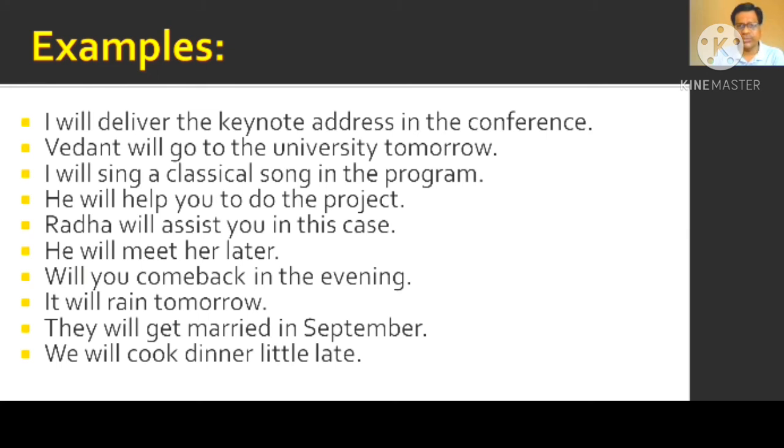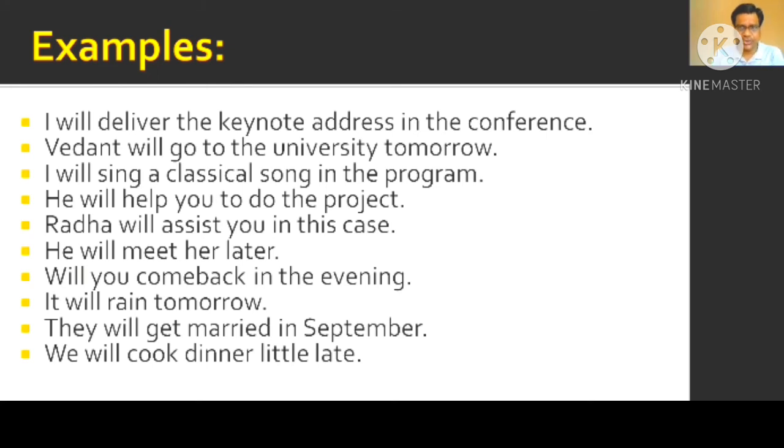Vedant will go to the university tomorrow. Am I talking about today? Am I talking about the past? No, I am talking about the future. Vedant will go to the university tomorrow. I will sing a classical song in the program. He'll help you to do the project.